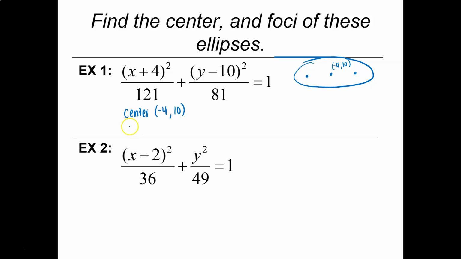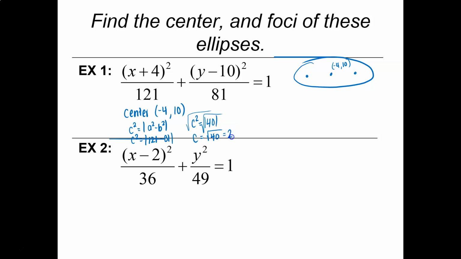To do that, I need c squared equals the absolute value of a squared minus b squared, which for this one is c squared equals 121 minus 81. So c squared is 40. If we square root both sides, c is going to equal the square root of 40, which is not a perfect square.